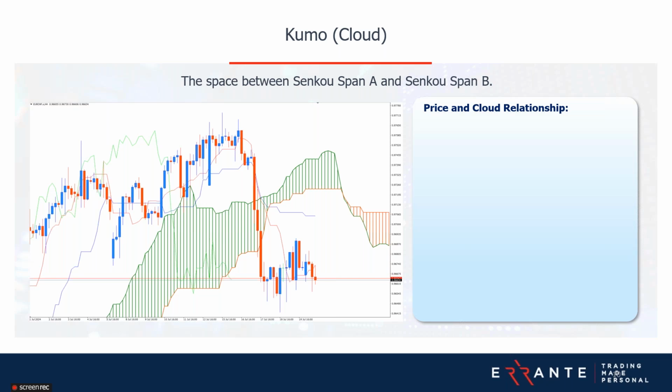Because as we explained about the bearish and bullish cloud, during the bullish cloud we expect the market to be to the upside, or bullish, and during the bearish cloud we expect the market to be bearish and to the downside. So the Kumo is one of the core components of Ichimoku, providing essential information about market conditions.